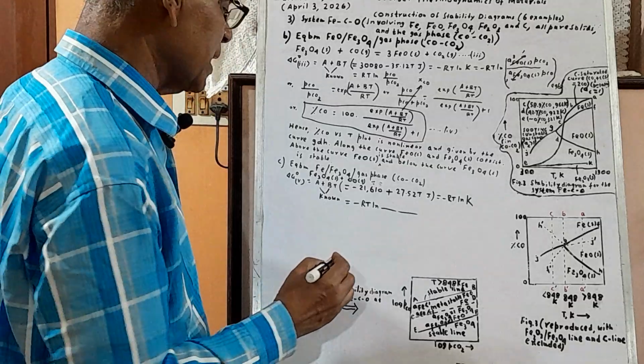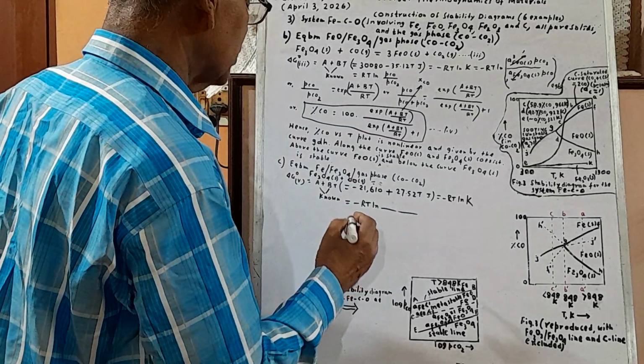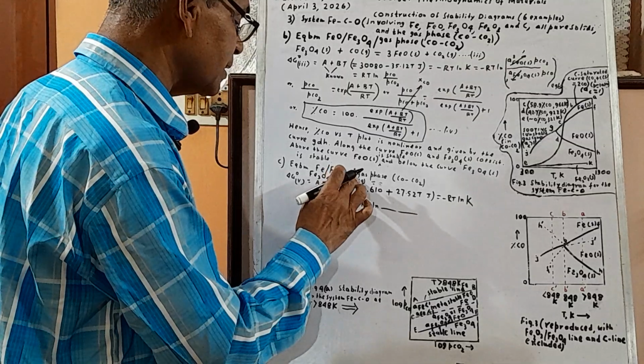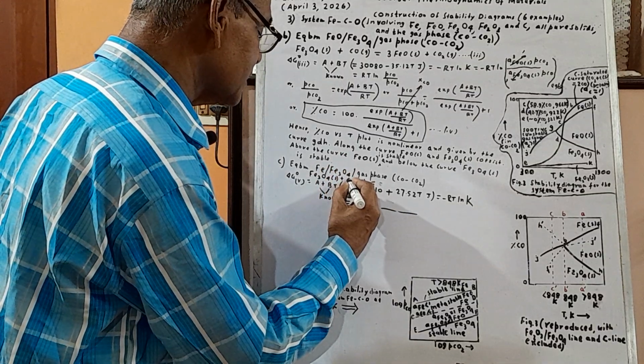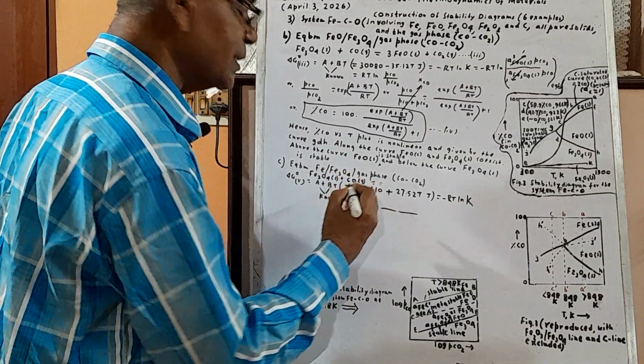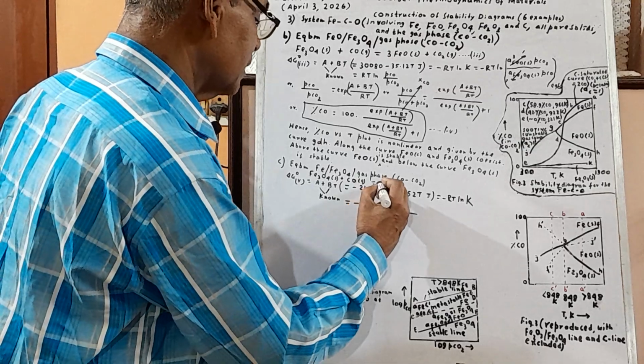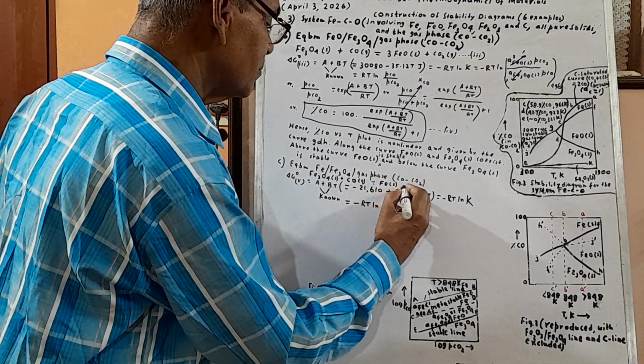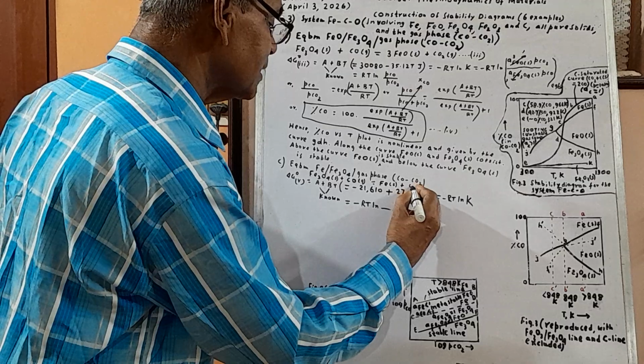Minus RT ln K. I'm very sorry, the reaction I have not completed yet. Fe3O4 solid plus CO gas goes to Fe plus CO2 gas.